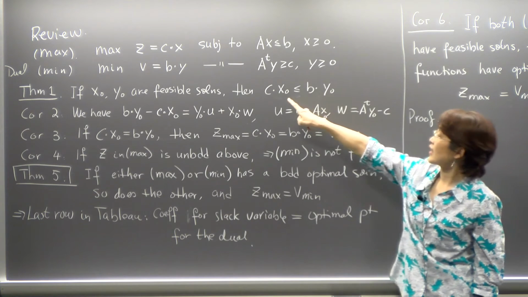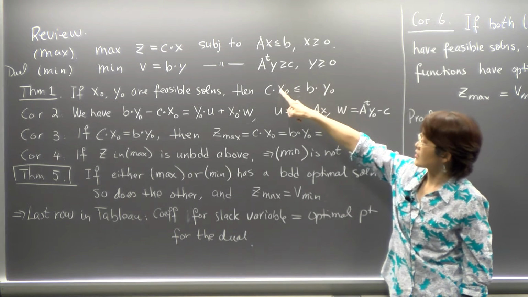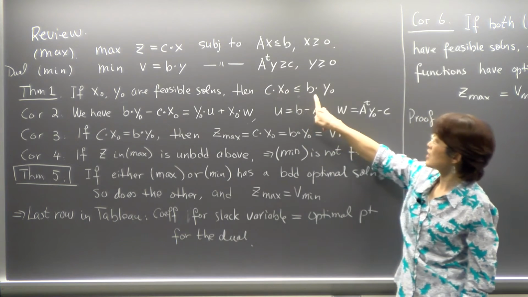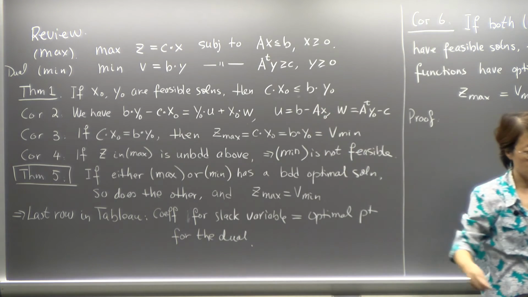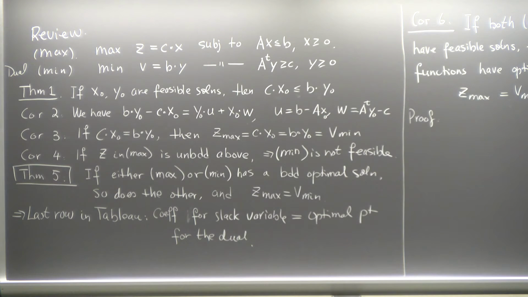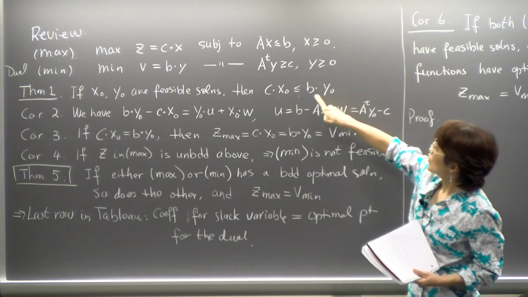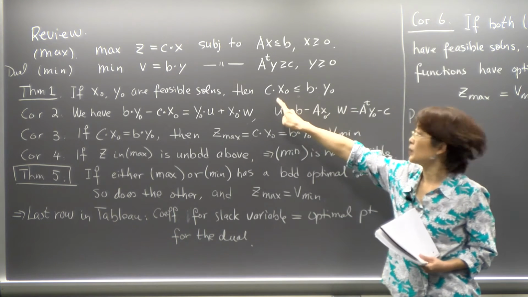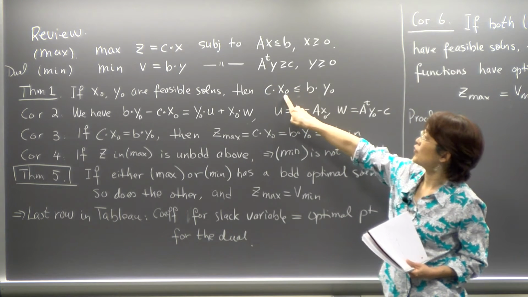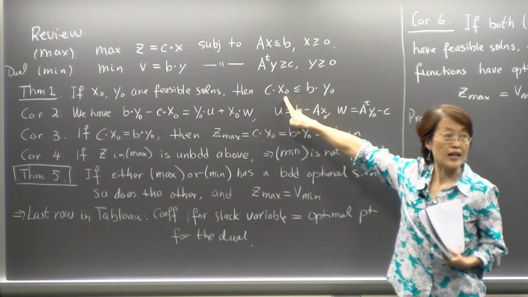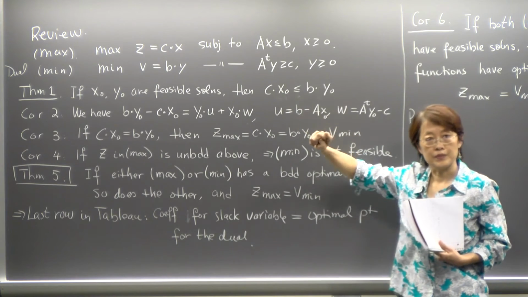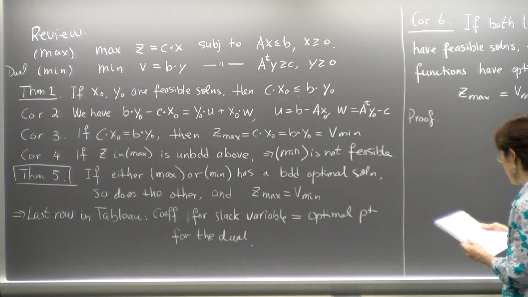And that says that for any x naught that's a feasible solution, this is bounded by that, which means z has an upper bound. Do we agree? And you can argue symmetrically, and so v would have a lower bound. It cannot be less than this value for an x naught that's feasible. Do we see? So let me put that argument down, okay?